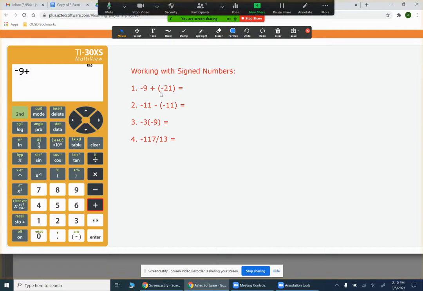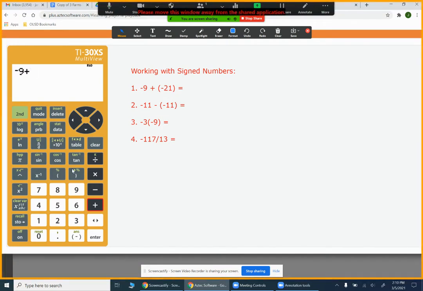I know number 1 says -9 plus, open parentheses, -21, close parentheses. But even though there are parentheses buttons here, I don't need to put in the parentheses. I could just put in -21, because you see how the negative button is a little bit higher than the addition button.